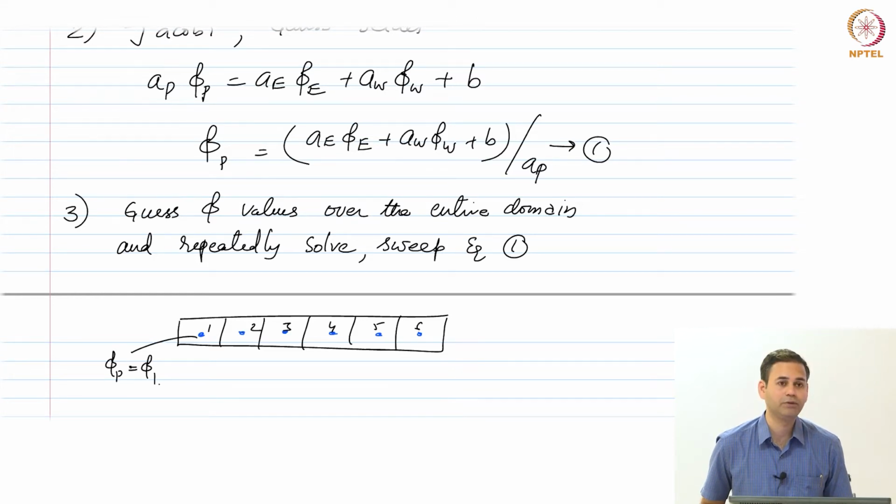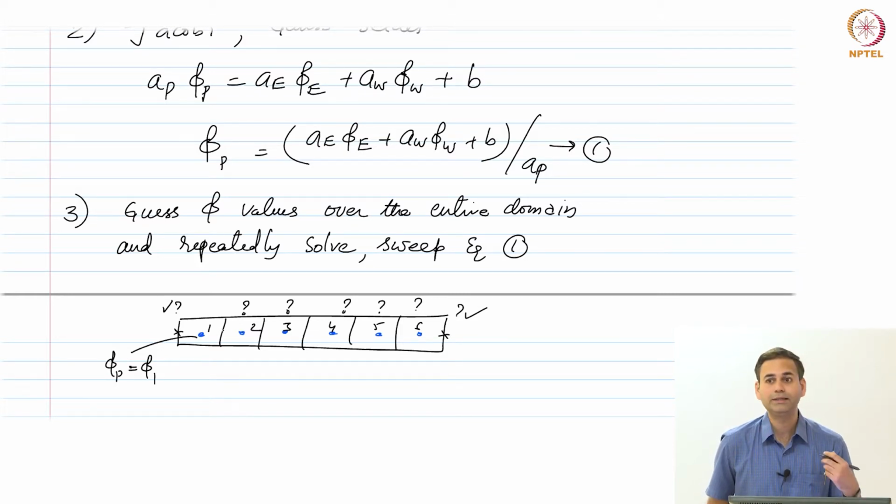So, you would guess some values initially everywhere, and then you would also guess the values on the boundaries, or these could be already given depending on the boundary conditions. Using that you have written one equation for phi P, a linear algebraic equation for phi P or phi 1. You would rearrange that in the form of equation 1, and then solve for this using the guessed values on the right hand side.